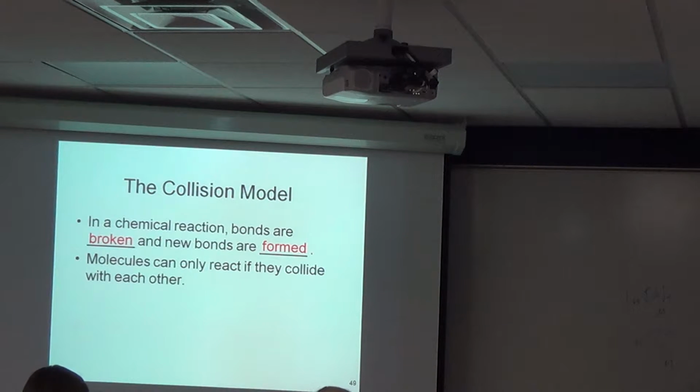This is about the fundamental principle of why the rate is temperature dependent. So in general, if you have to do the chemical reaction, you need to break the chemical bond.